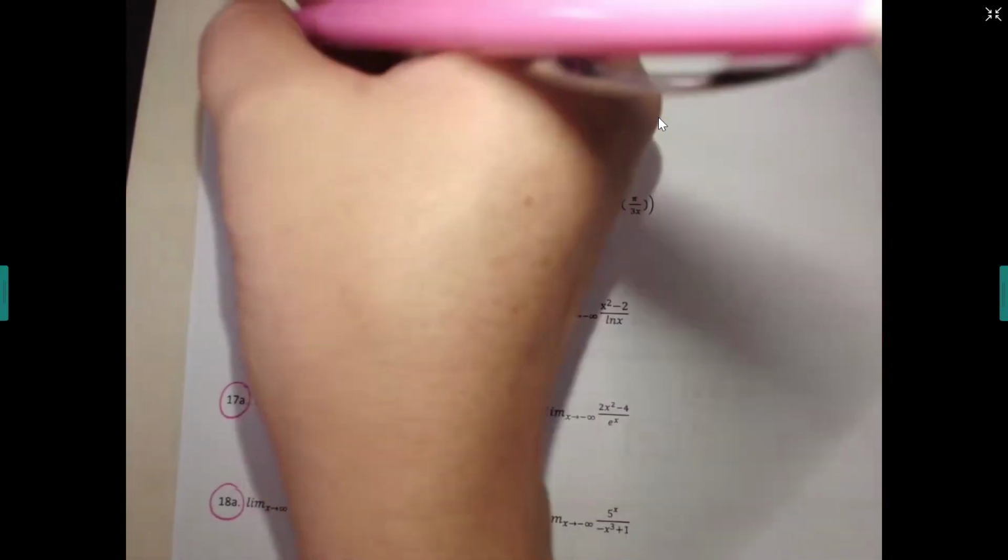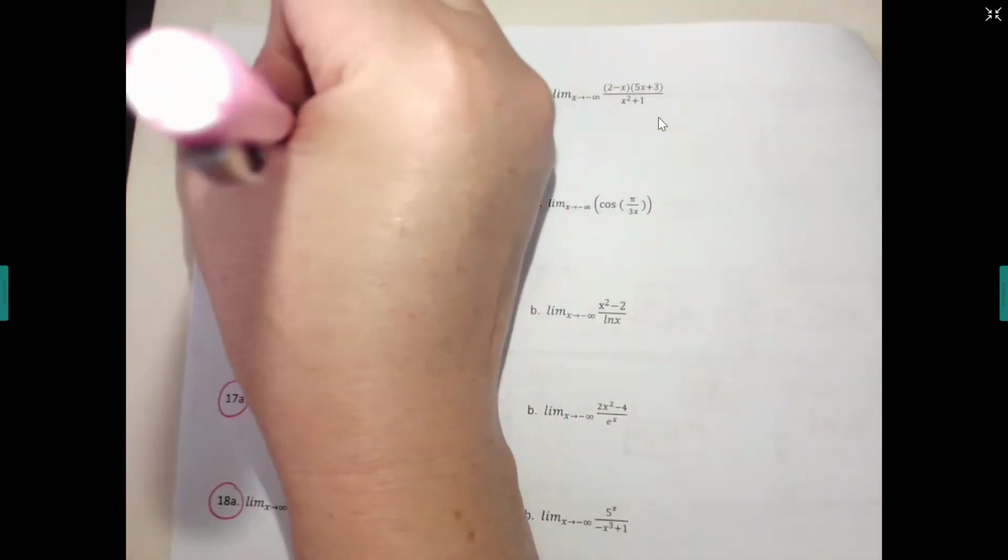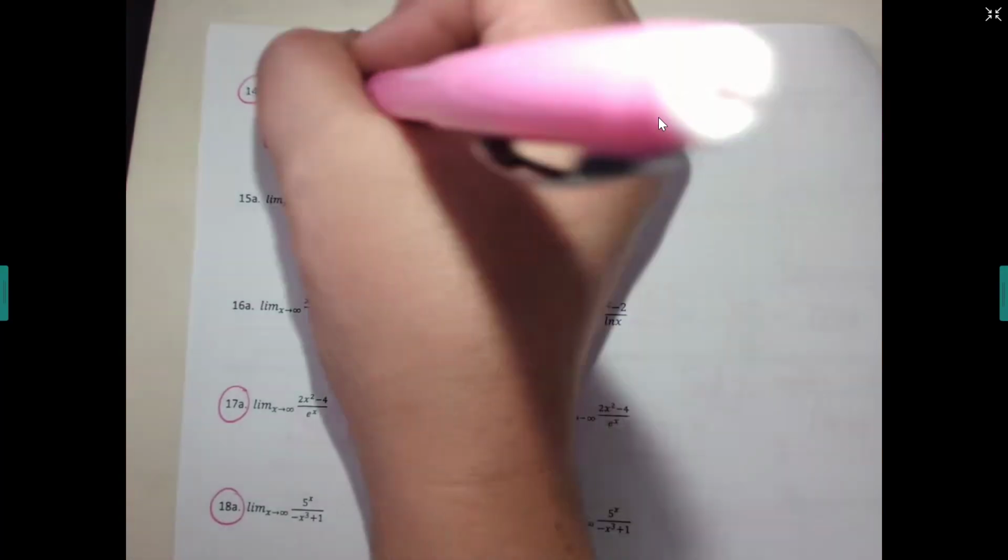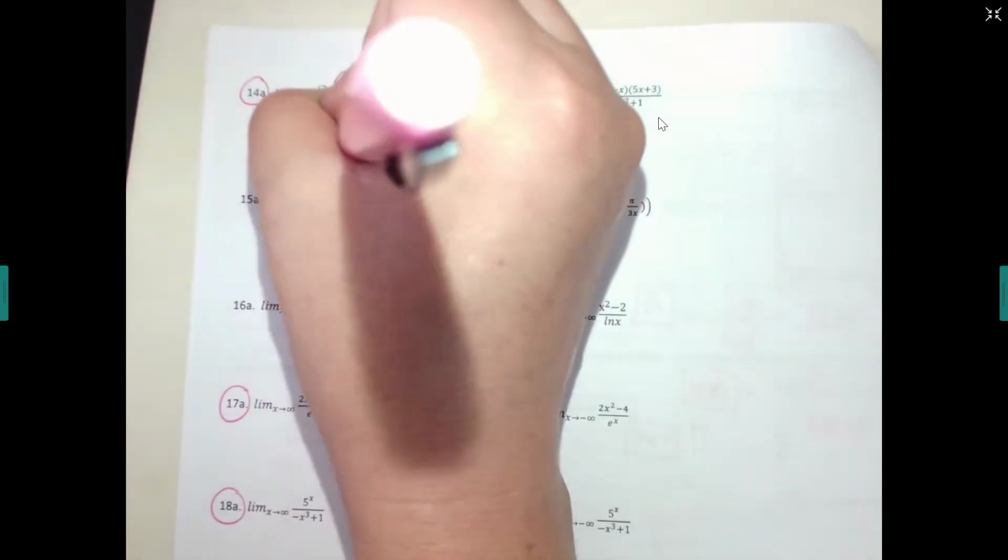Okay, for 14, Bobo, Botan, or Betsy. Okay, it is a Betsy, very good. Now, the top of that is in factored form. And remember, if you get one in factored form, you just need to times the x's back together. Is that a 5x squared versus an x squared?